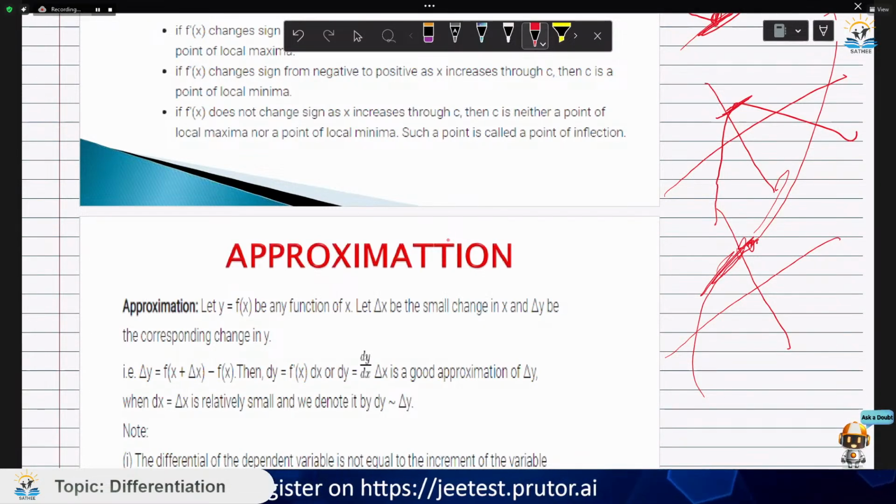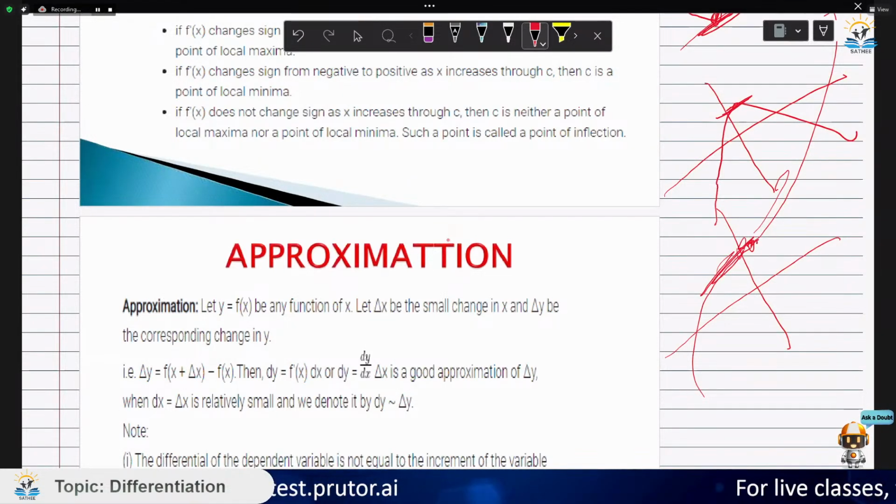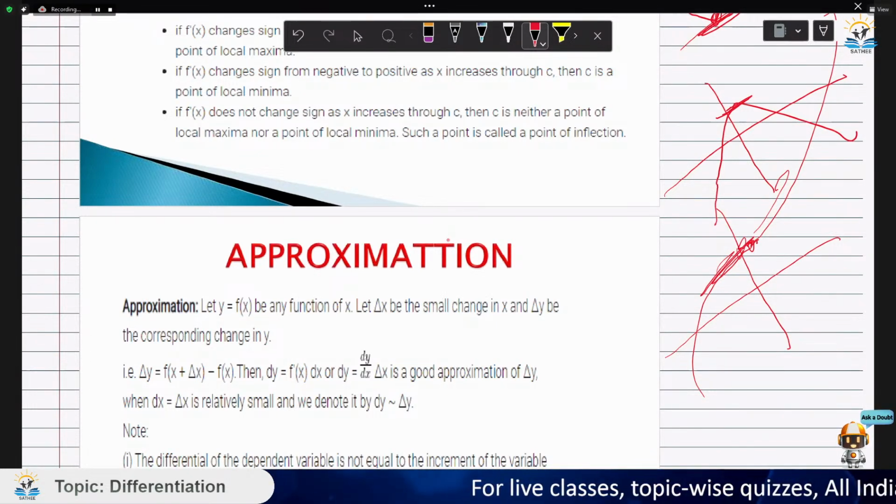So the derivative of this function is zero at minus 1 and 2, and it goes like this. So from minus 2 to 4, the function first is positive, then negative, then positive.